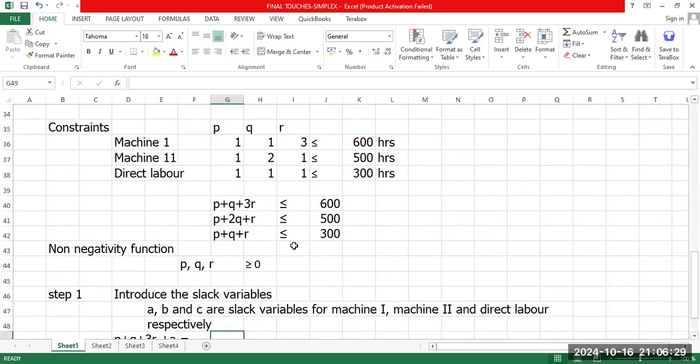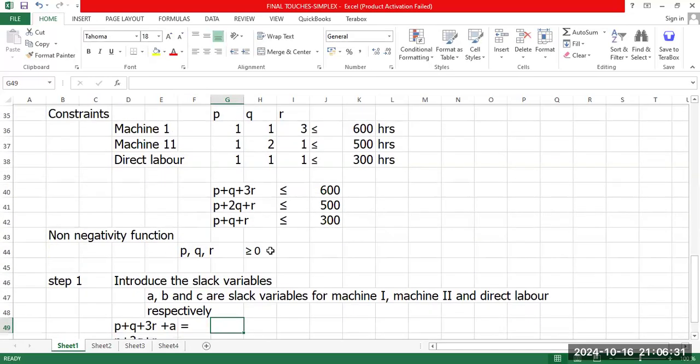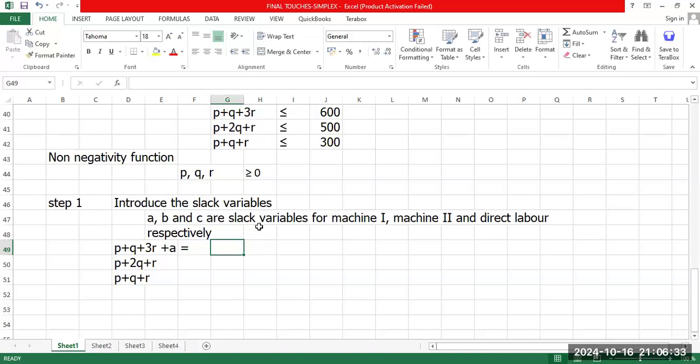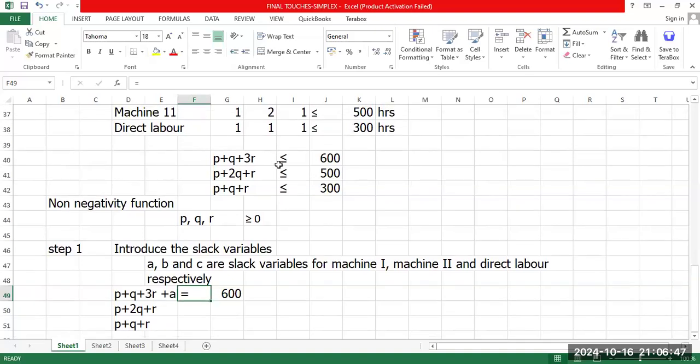Then I indicate the value, which is 600. I have introduced a slack variable A, and since I have introduced it, I can put equal signs. I cannot again put inequality.